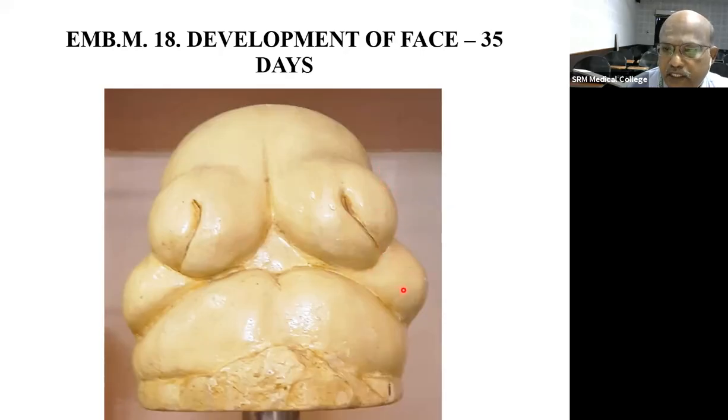The maxillary process also fuses with the mandibular process to form our cheek. Because of this fusion, the size of the mouth is reduced. In a dog, we normally don't get fusion of the maxillary process with the mandibular process. That's why it has a wide mouth without cheek. Are you clear now?